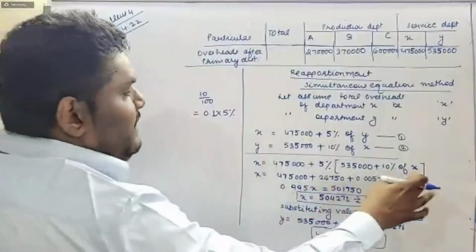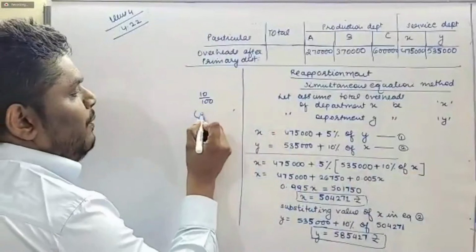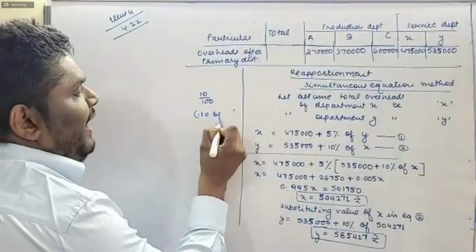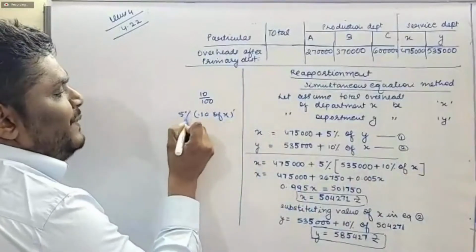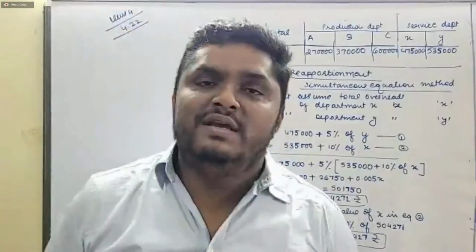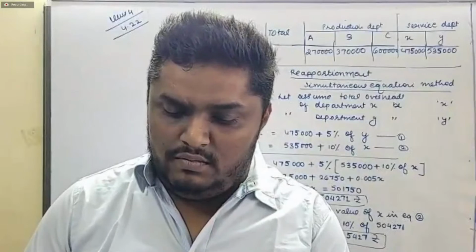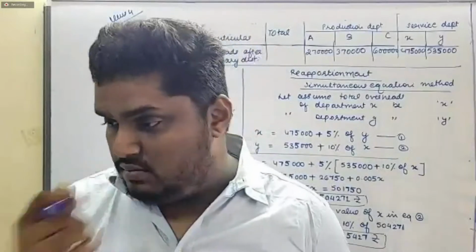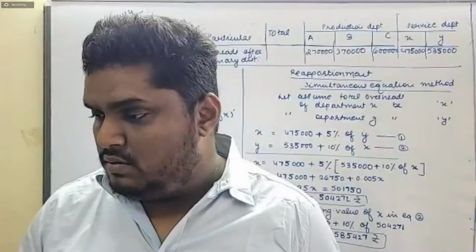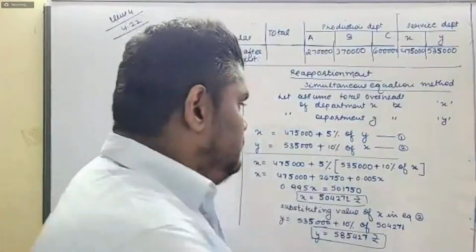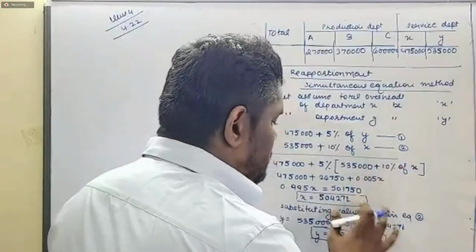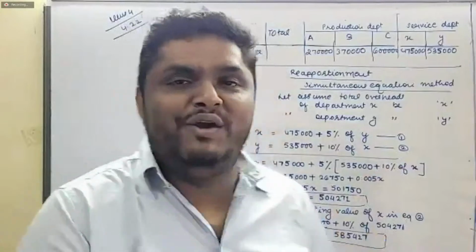When talking about 10% of x, it means 0.10 of x. And 5% of 0.10 is how much? 0.005. I hope now it is okay.